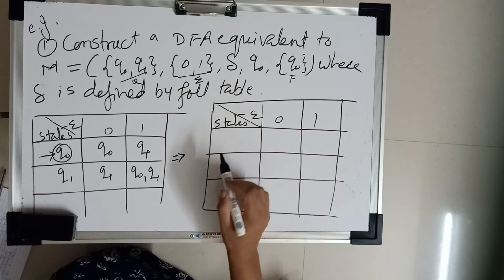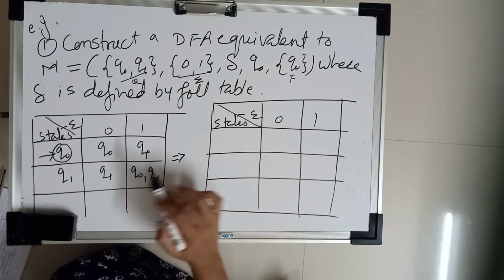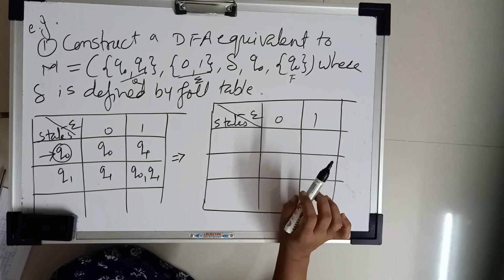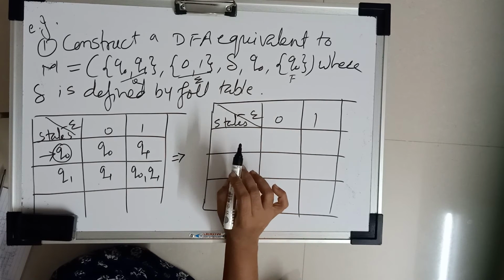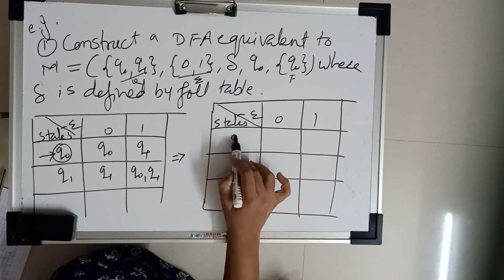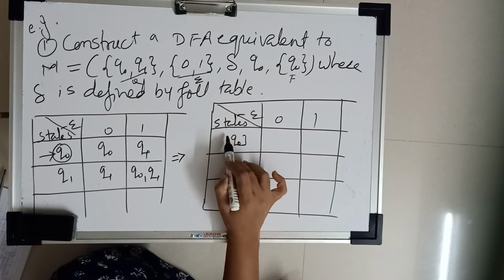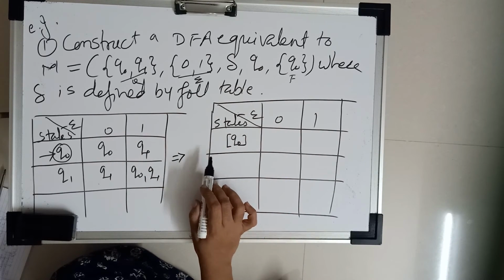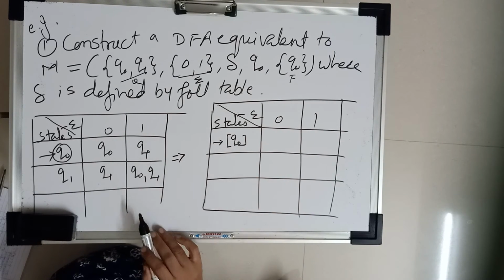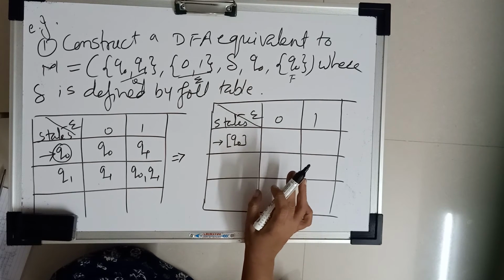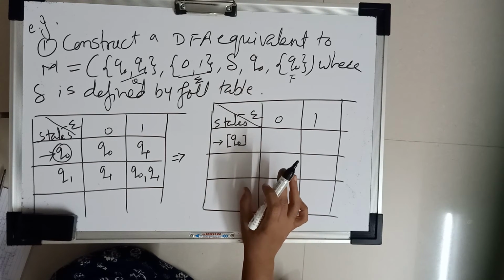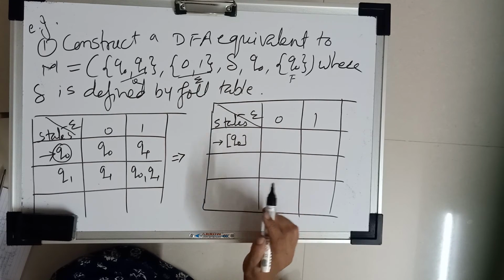Now here only 2 states are given, and the input symbols are 0 and 1. The first step is to start from the initial state. Whatever the initial state is given, we'll consider it the first state. We'll write these values in square brackets, because if we get more than one state in a single column, it means we have to consider it as a single state.